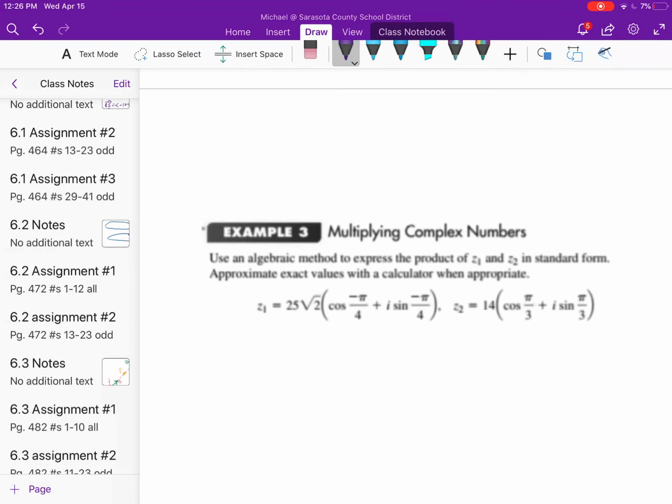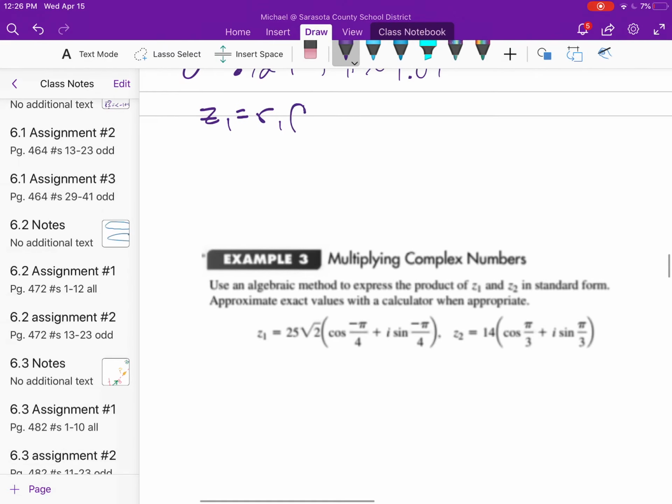When we are thinking of a complex number in its polar form, I'm going to call the first one Z1, and that's going to be r sub 1 times the cosine of theta sub 1 plus i times the sine of theta sub 1.